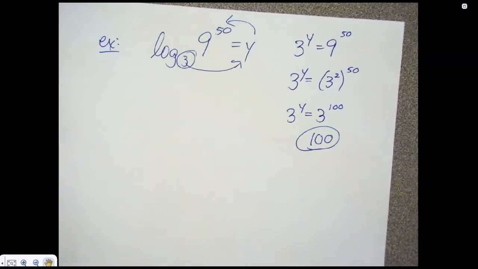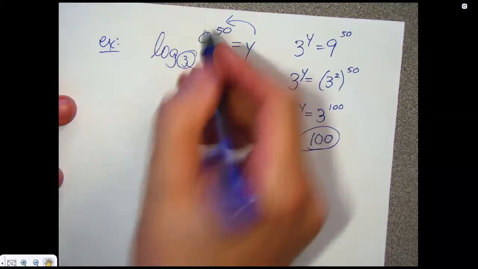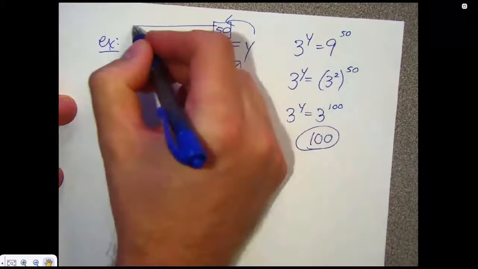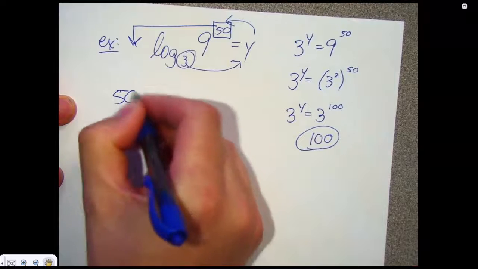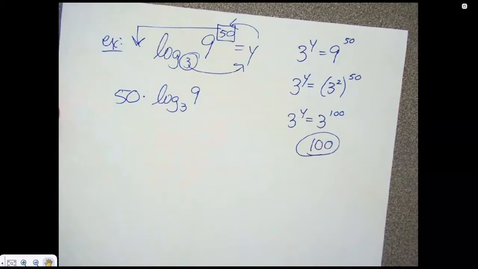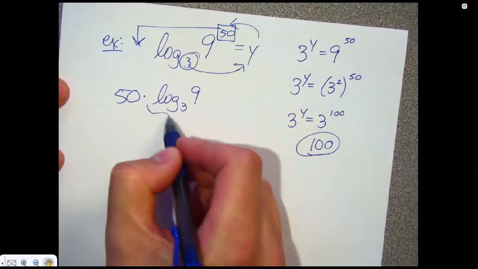And that's a totally valid way to do the problem. But there's a shorter way. I don't know if it's even shorter. It's probably shorter. There's a rule that says if you have an exponent up here, you can drop it down in front and say this is the same as 50 times log base 3 of 9. And then this is a lot easier to work with.